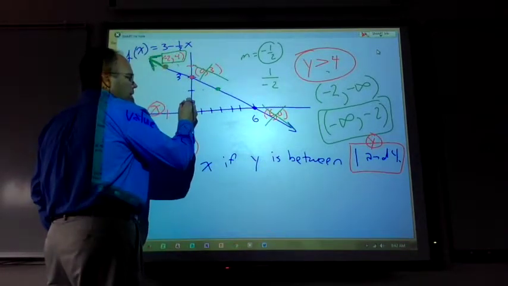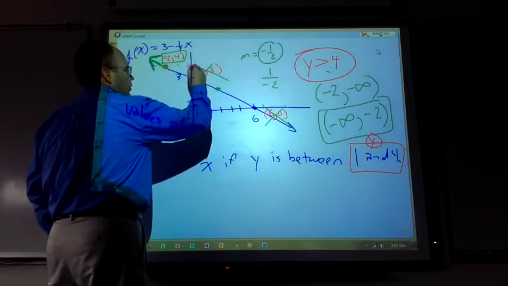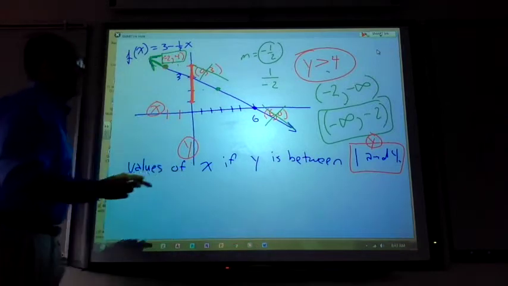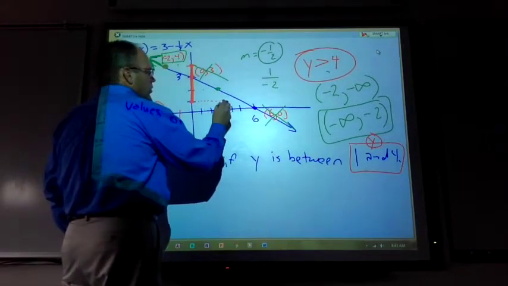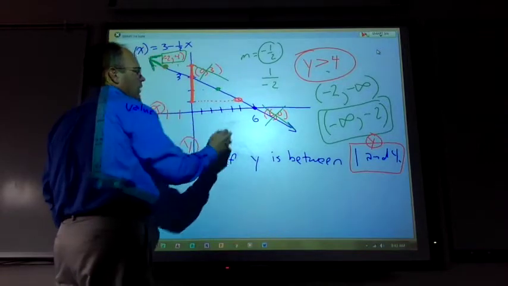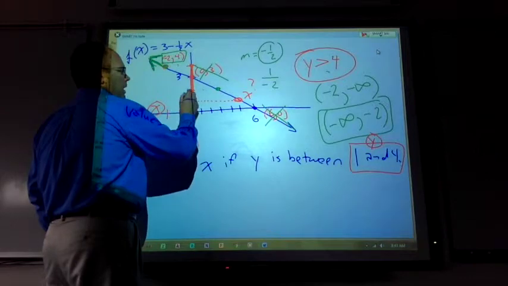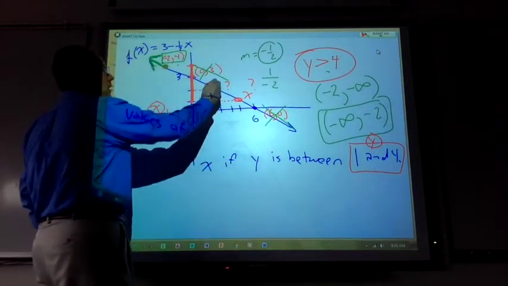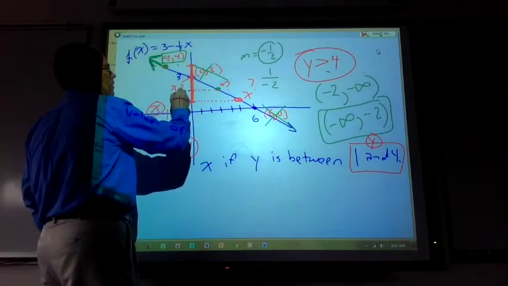So, 2, 3, 4. In between these 2 points, if I come over this way, what is that x value? And then if I come here, what is that x value? And if I come to right here, what is that x value?